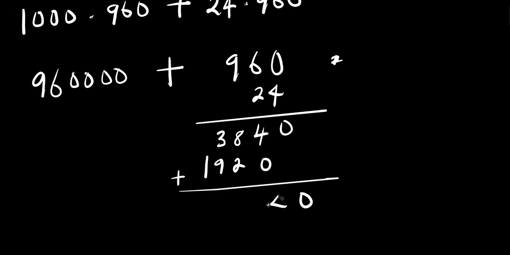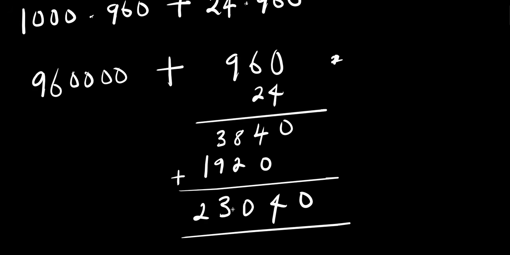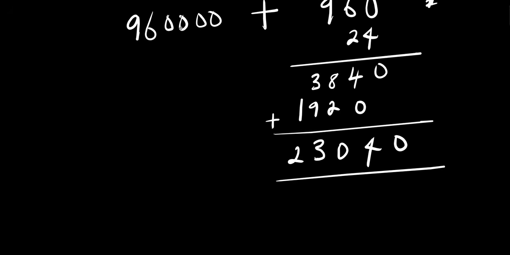This is 0, this is 4, this is 10. 0 carry over 1 out here, 4. This is 13. So you have 3 carry over 1 out there. So 23,040. So now the next thing will be to add this 23,040 to 960,000.